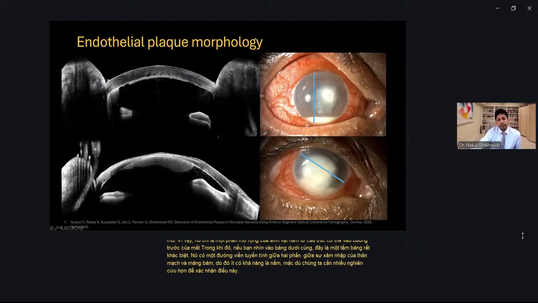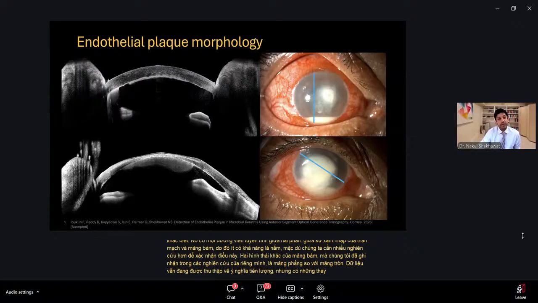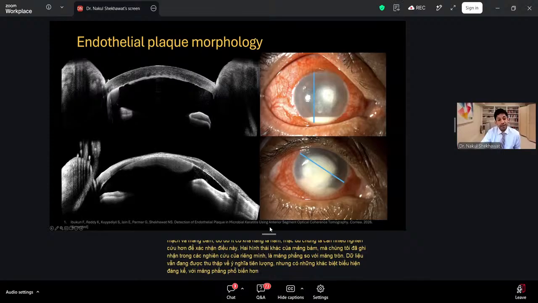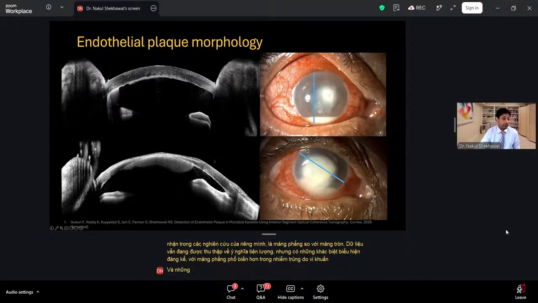The other two morphologies of plaque, which we've noted in our own studies, are flat versus round plaque. The data is still incoming as to the prognostic significance, but there are substantial phenotypic differences, with flat plaques more common in bacterial infections and round plaques more common in fungal infections, although there is still some overlap.